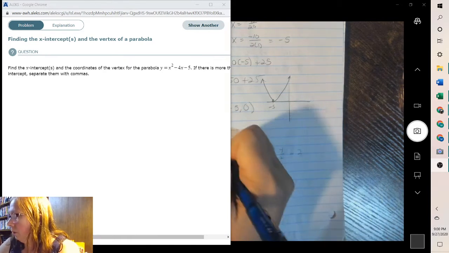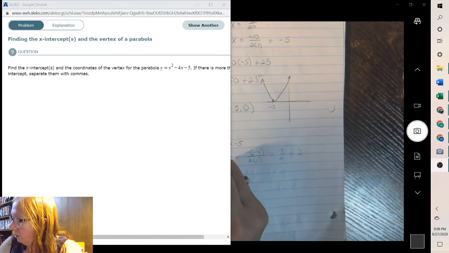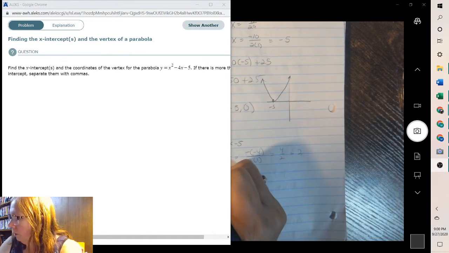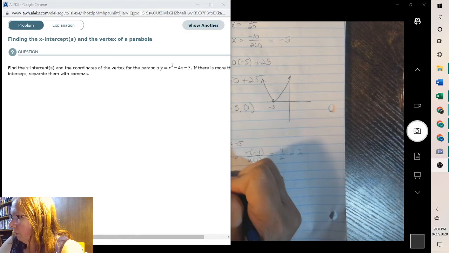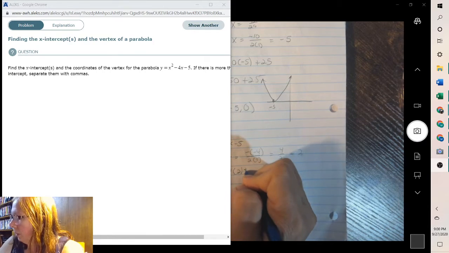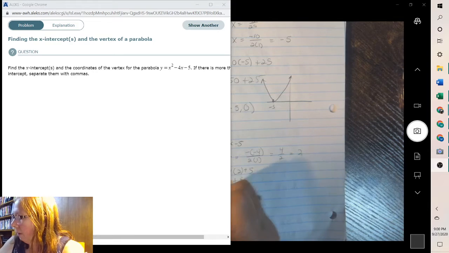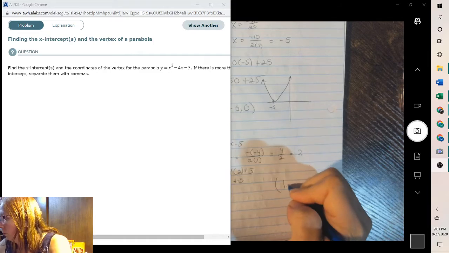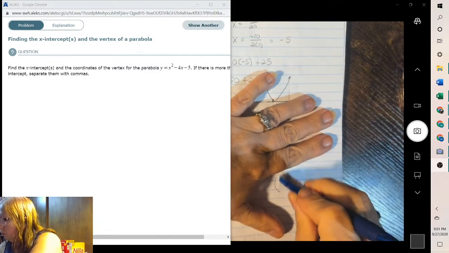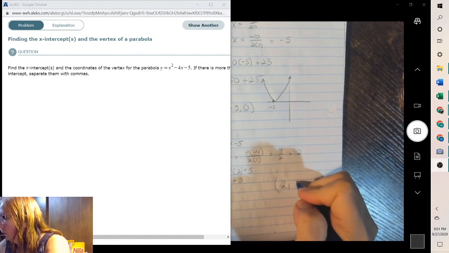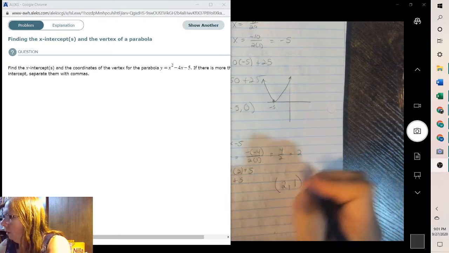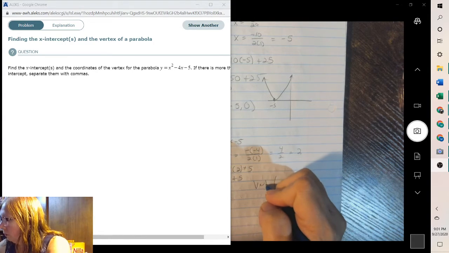That's your x value. You plug it into the equation to find the y value. 2 squared minus 4 times 2 plus 5. 4 minus 8 plus 5 is 1. So the x value is 2, and the y is 1, and that's your vertex.